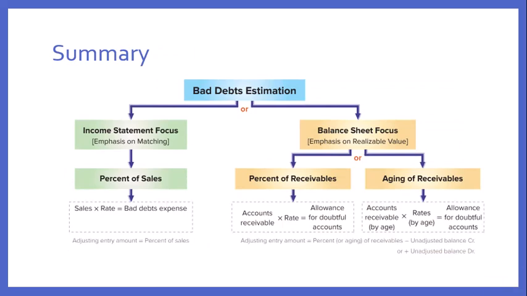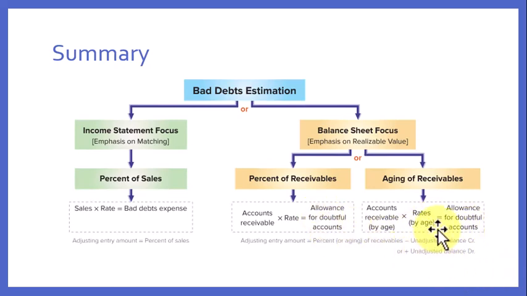Okay, so here's a quick summary. In terms of journal entries, the process is a bit easier under the percentage of sales method, in that our journal entry is simply whatever we compute. It is just slightly more complex under the balance sheet focus, where we compute what the balance should be in the allowance for doubtful accounts. And then our adjusting entry is simply whatever it takes to get to that balance.